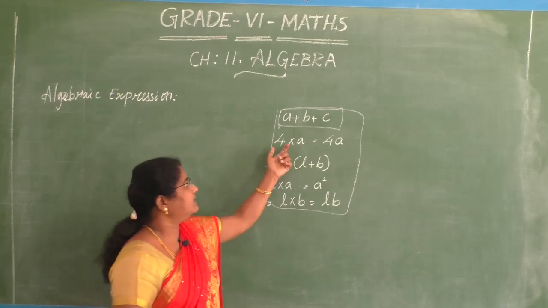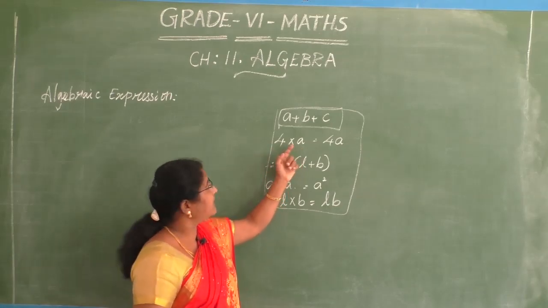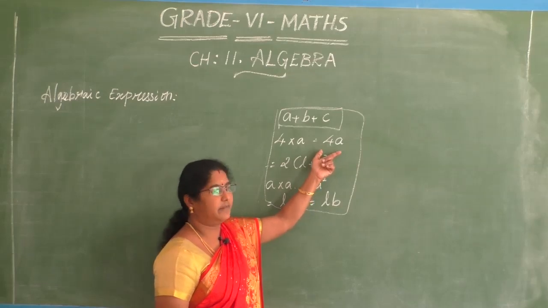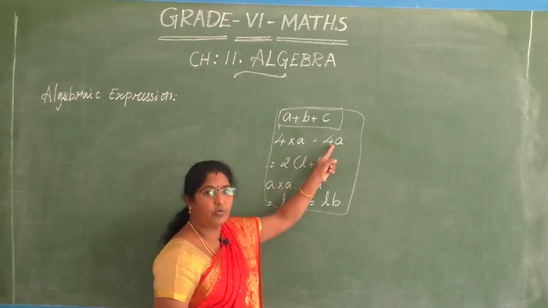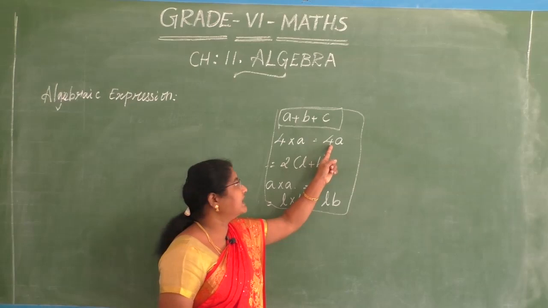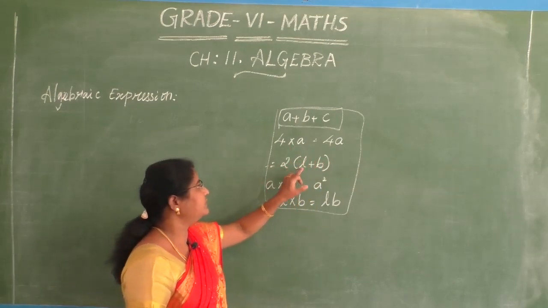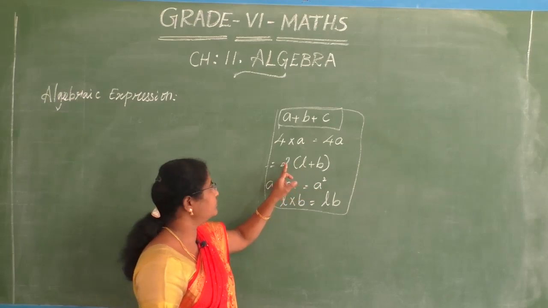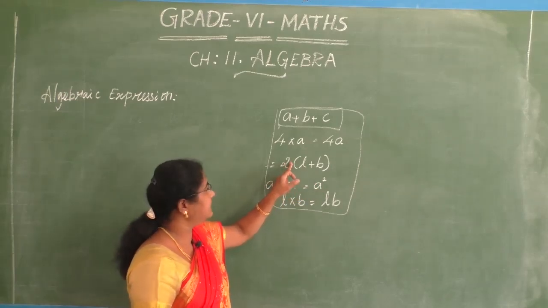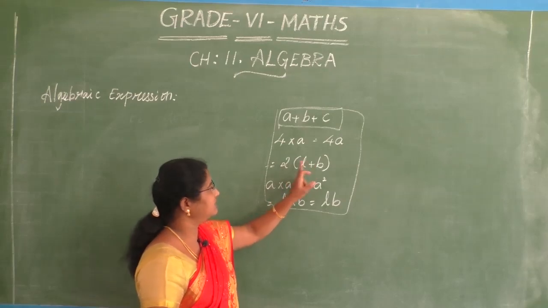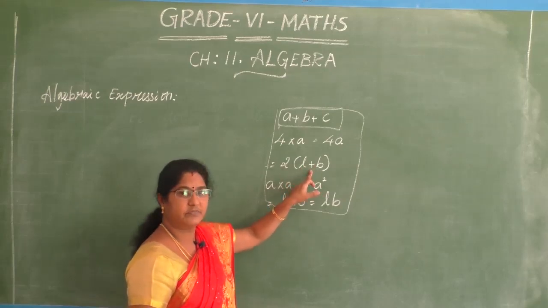Likewise, here the constant and the variable are combined with multiplication, so we can write it in this form 4a. It has no symbol, it is considered as multiplication. Likewise, 2 into (L plus B): 2 is a constant, then multiplication, then length and breadth, variables combined with addition.